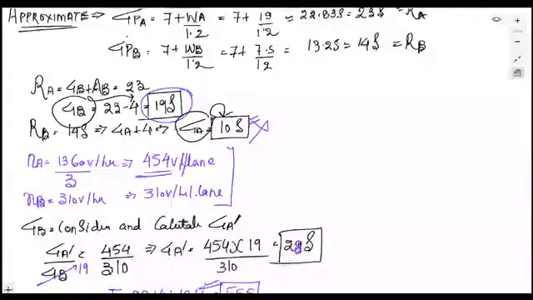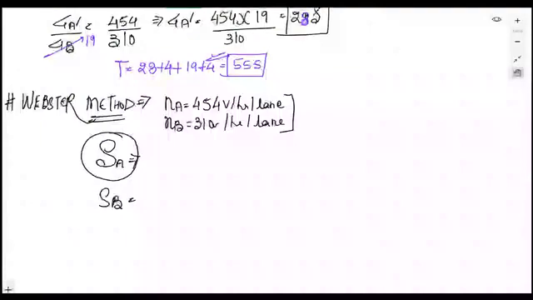Remember the table: whenever the approach road width is greater than 5.5 meters, the saturation flow is calculated by multiplying 525 with the approach road width, 525 into 9.5. This is equal to 4987.5 vehicles per hour.